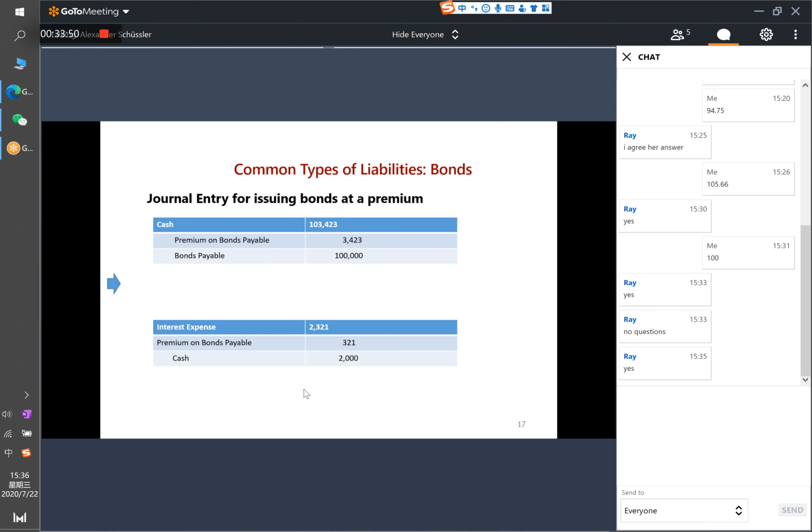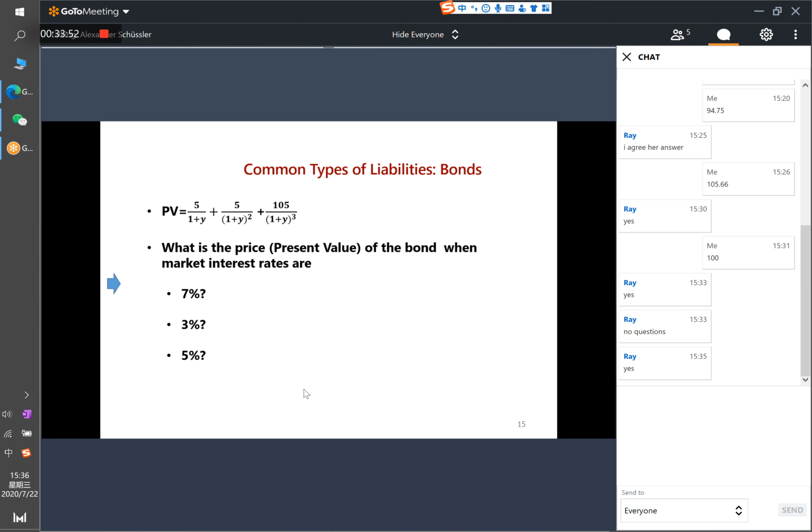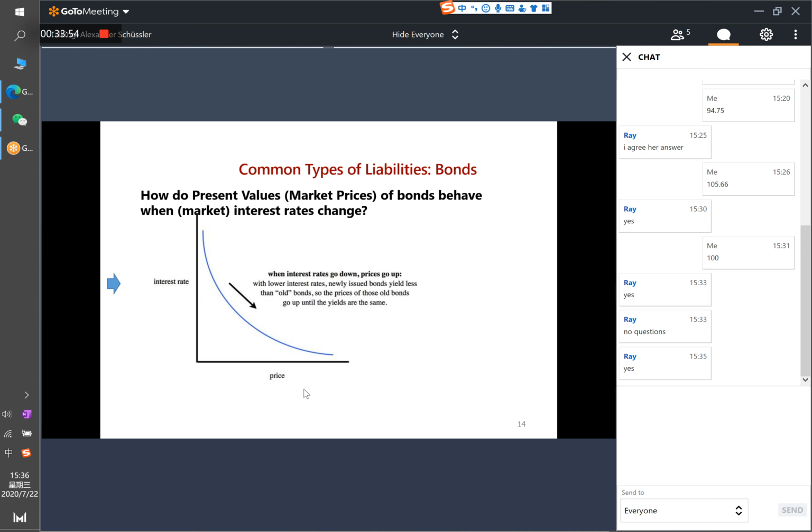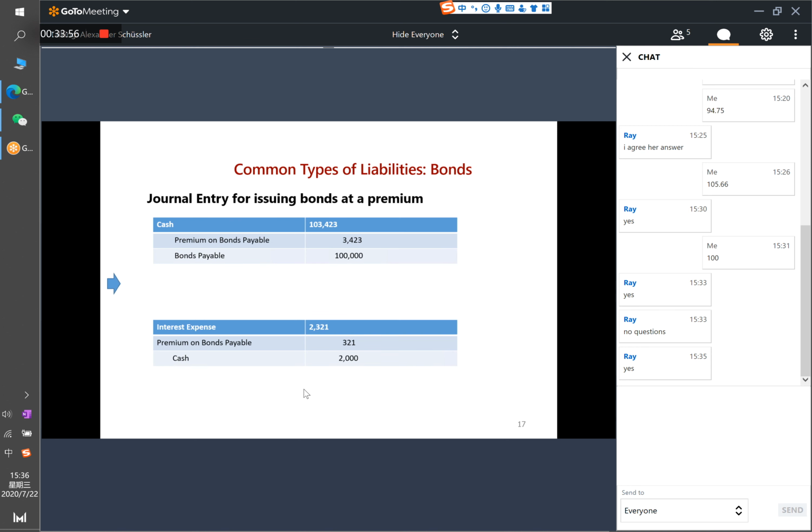A bond can also be issued at a premium. What does that mean when a bond is issued at a premium? Bond is issued at a premium when the firm gets more cash than the par value.